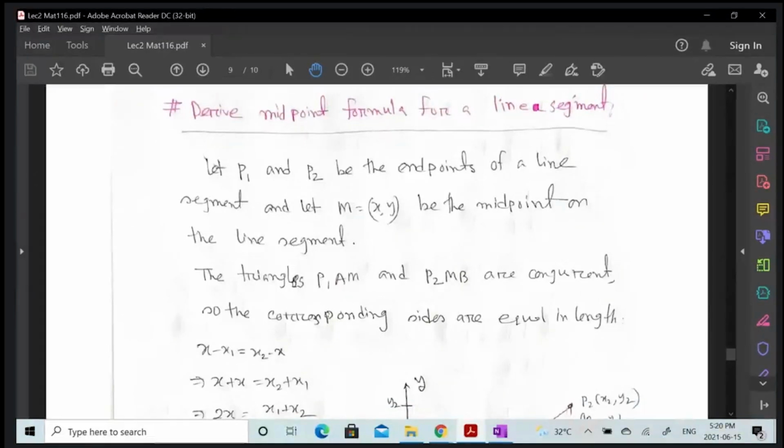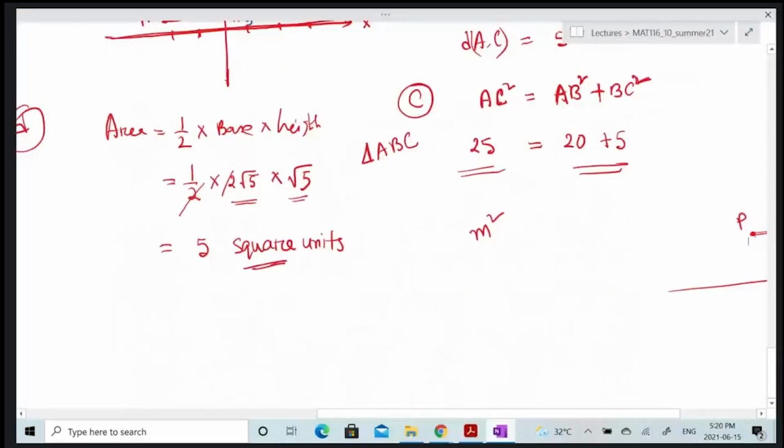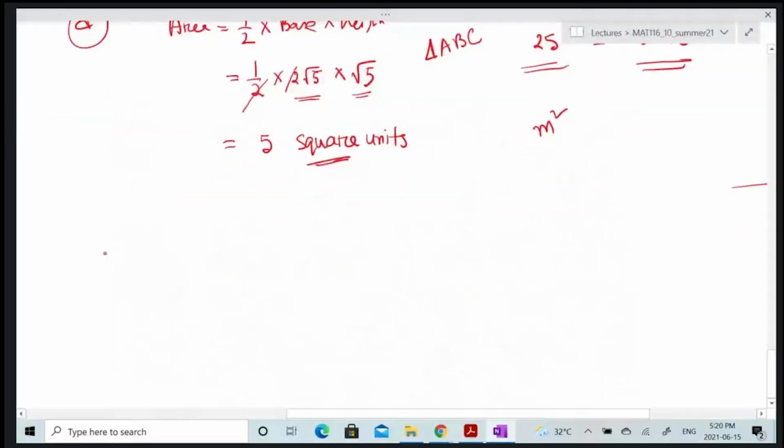So the last one is the midpoint formula for a line segment. What does it mean? Up to now we have seen that if we have 2 points, P and Q, we join them, that gives us a line, and we know how to find the distance, or their length.